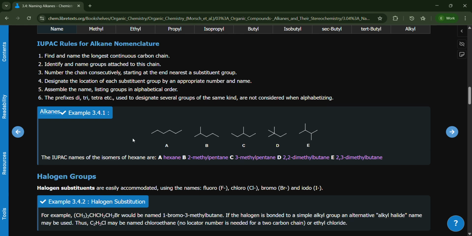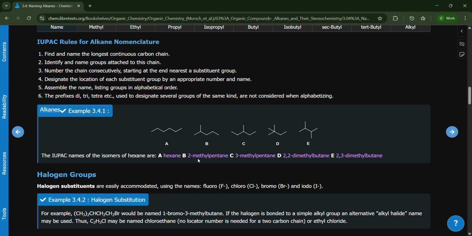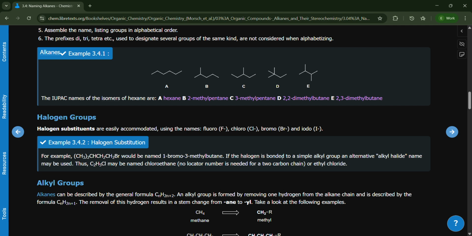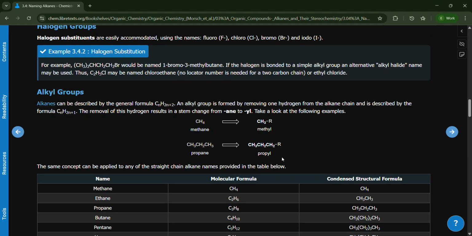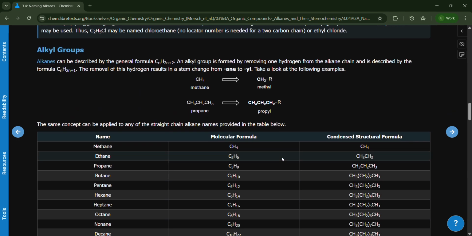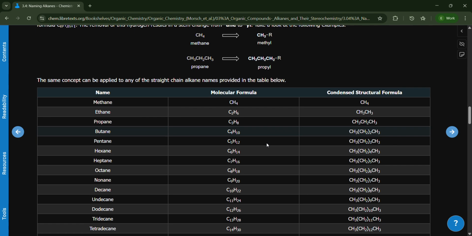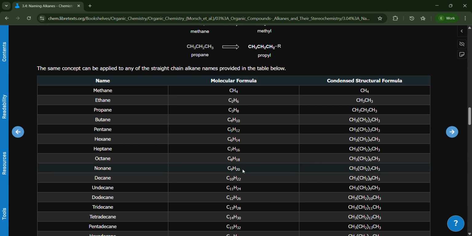Example: A is hexane, 2-methylpentane, 2-methylbutane, 2,3-dimethylbutane. Okay. Halogen groups. Alkyl groups. Methane, ethane, propane, butane. Butane is C4H10, pentane is C5H12.